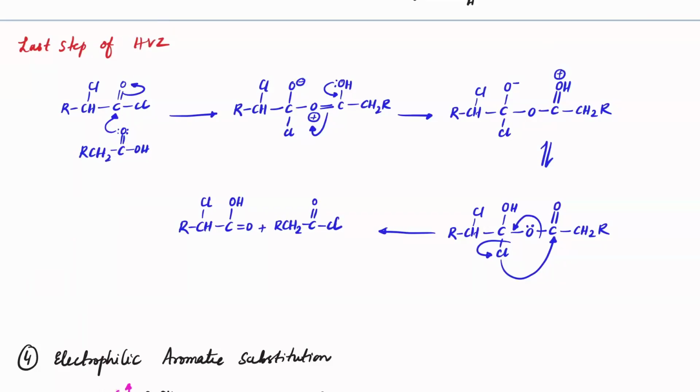After the addition has taken place, the lone pair from here will push, the pi bond will push it here, so you will get this product form. And because this OH plus will try to be more stable, this O minus will break into a double bond, removing this chlorine. And as the chlorine leaves, that chlorine internally will attack C double bond O. So complete replacement will happen.